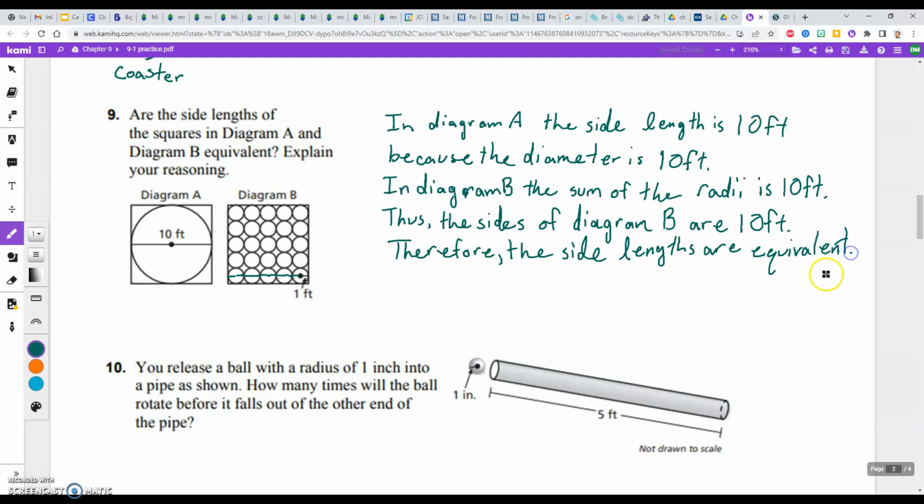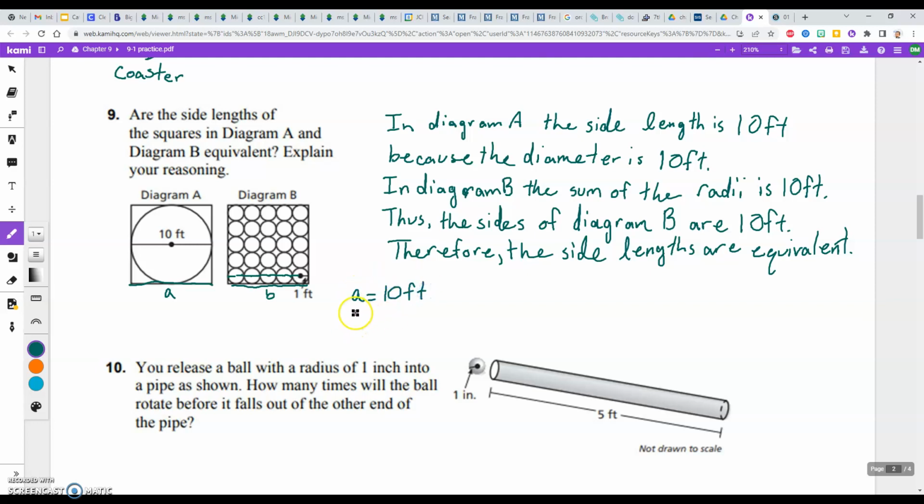Now, this is again one of those things where we've got all these sentences. If we used symbols, we may have been able to do this a little bit faster. We could have said something along the lines of this. We know that this length here, we call this length A. We call this length down here, we call that B. We could have said A equals 10 feet.